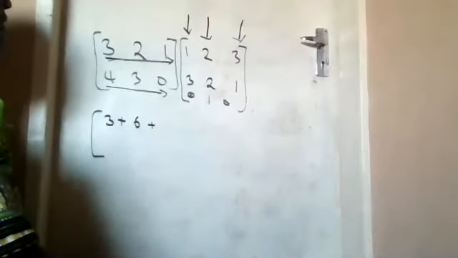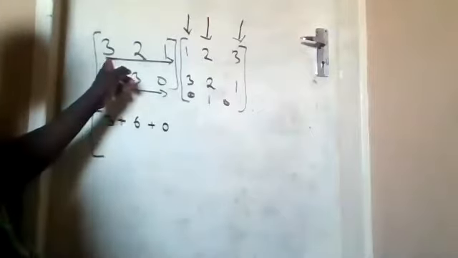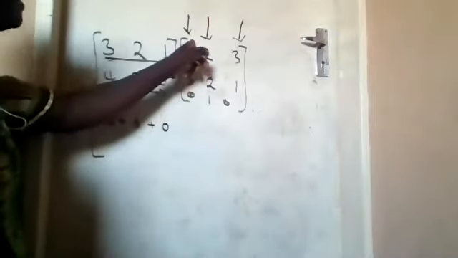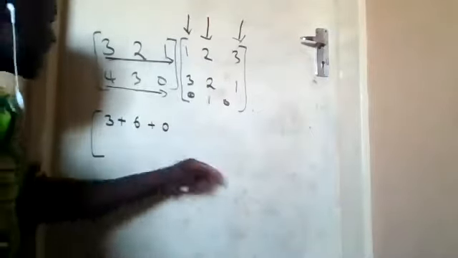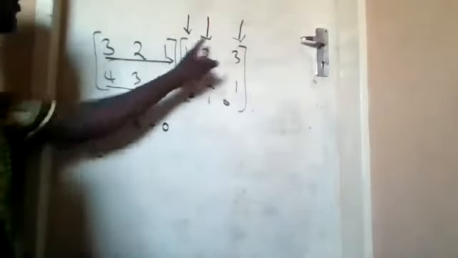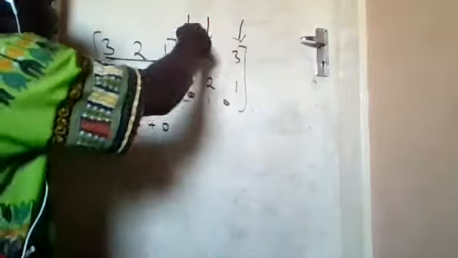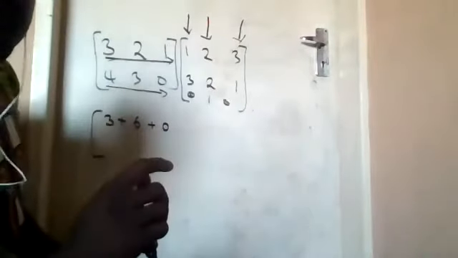Plus 1 times 0, 0. For as long as you are still dealing with the same row, you're still dealing with the same column, you need to add them. The only time when you leave a space is when you go to the second column. That's how it is done. Because this is the same row, same column, we're going to add them.